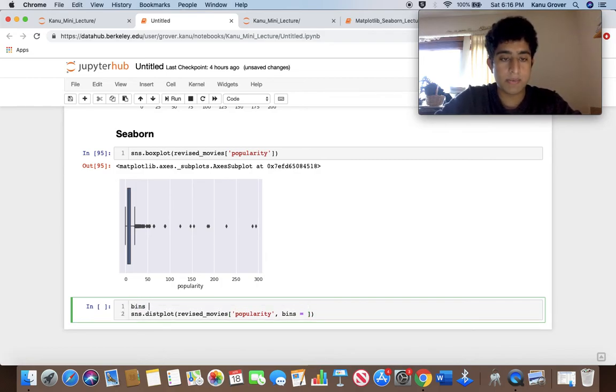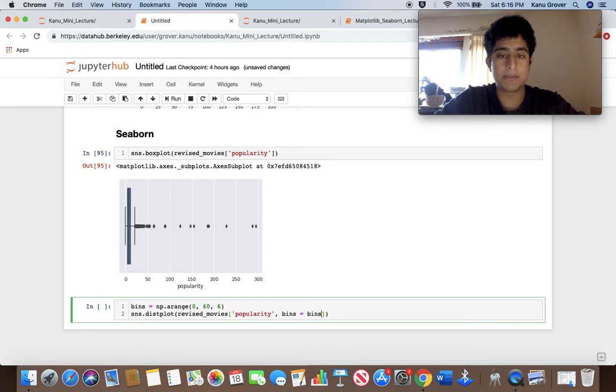Say we define our bins, because we have very few data points above, I would say, 60. We can safely define our bins to start at 0, end at 60, and have a bin length of 6. That would probably be a good estimator.